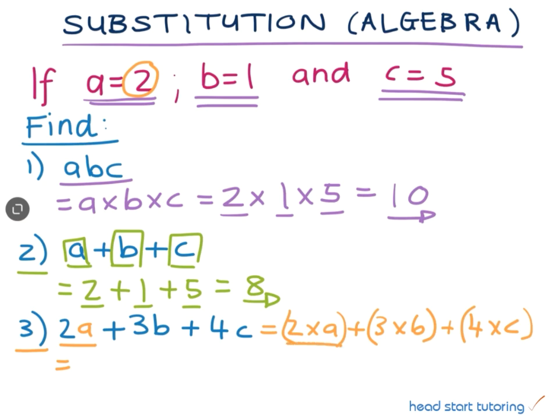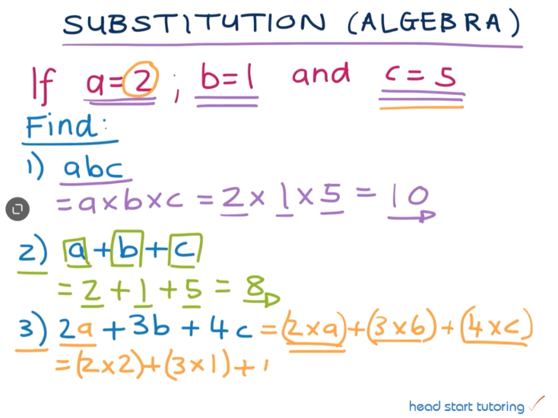Right, so now we plug our values in. So 2 multiplied by A is 2 multiplied by 2. And then we plus 3 multiplied by B, which is 1, so 3 multiplied by 1. And then 4 multiplied by C, which is 4 multiplied by 5.